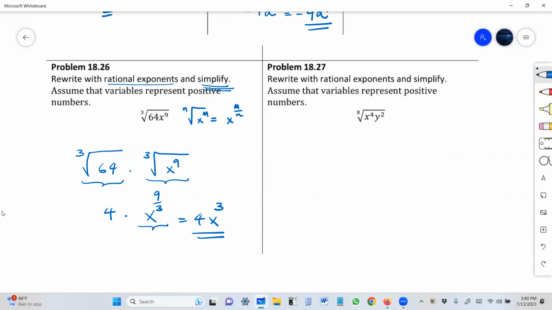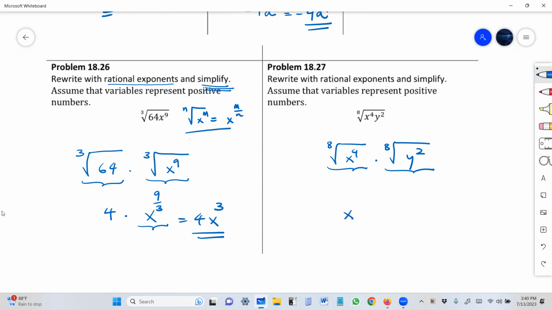Okay. Second case, we're going to do the exact same thing. We're going to break this problem in two because it has two parts. So here's the 8th root of x to the 4 times the 8th root of y squared. In both of these cases now, we convert each to their respective exponential format.